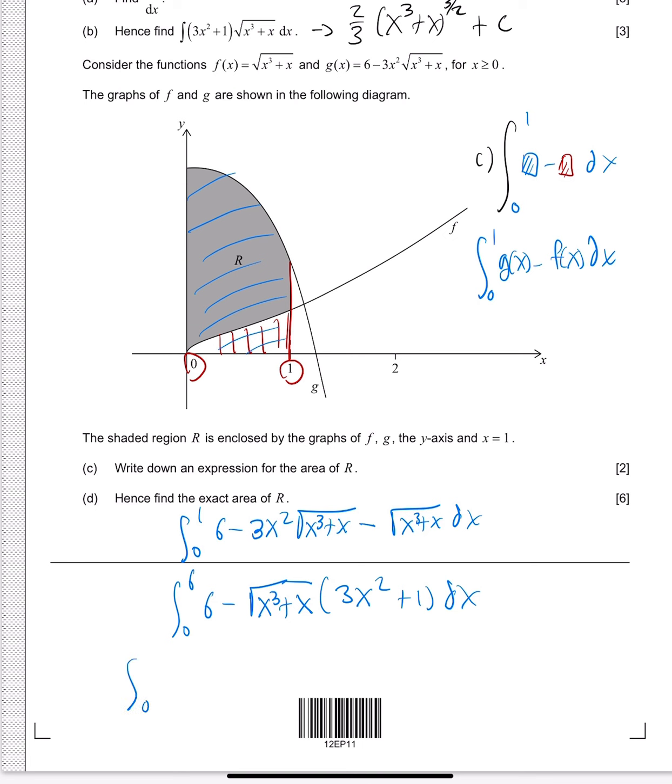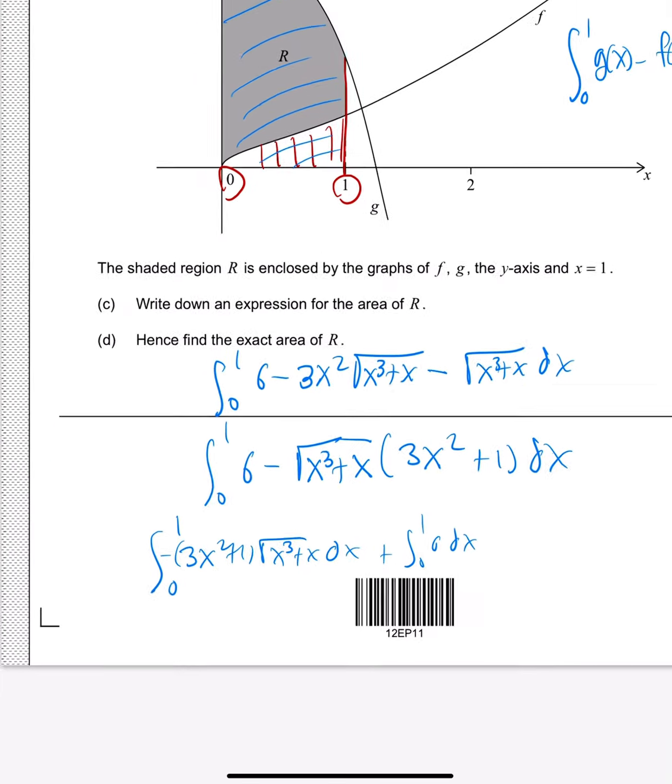So now let's keep on going. I don't know how I got a 6 there. This should be a 1. Very well. So this can be 3x squared plus 1 dx plus 0 to 1, 6 dx.